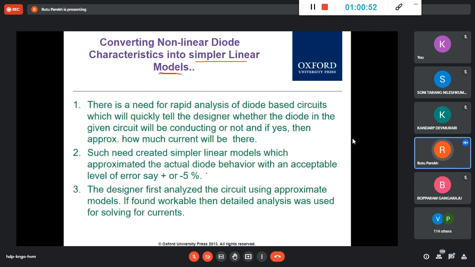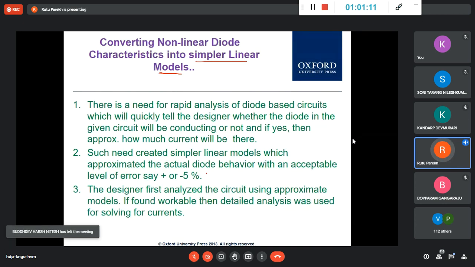Now when you want to make a circuit with a diode, it's not that you will pick a diode, make something, then go to the lab and use hardware, a multimeter and an oscilloscope to measure. The first thing you will do is work with pen and paper.